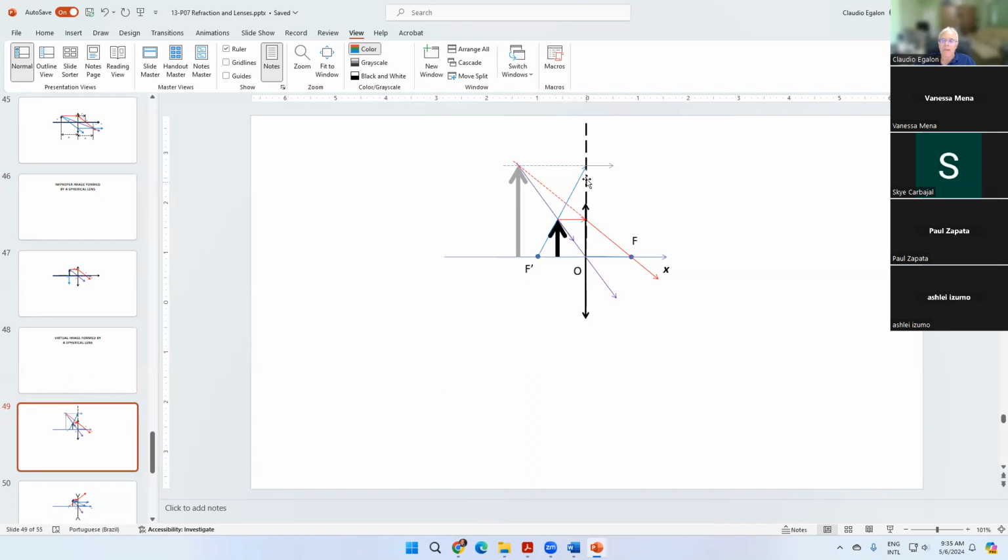It's converged parallel to the axis. At the right side, all those three light rays are diverging from each other, right? So what does it mean? It means that the image must be formed in front of the lens. And the image becomes a virtual image. Okay?